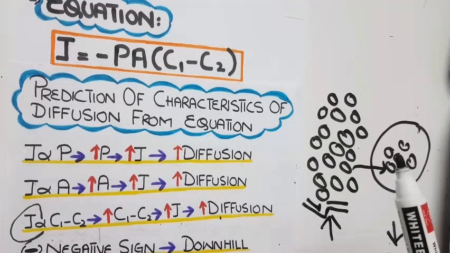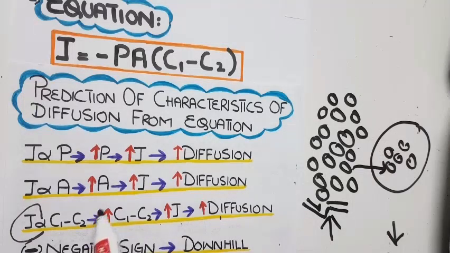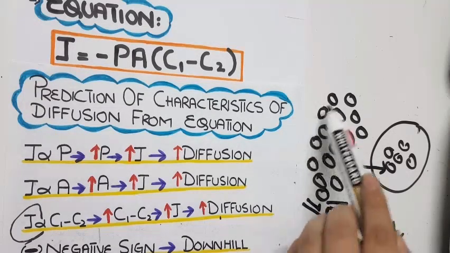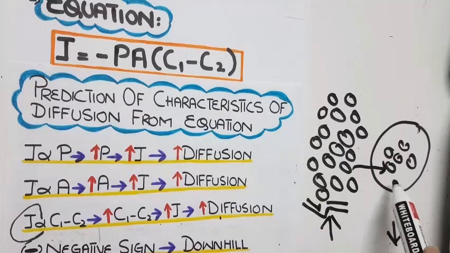So this means that greater the concentration difference, greater will be flux and so the diffusion. And this negative sign shows us that diffusion is downhill, which means down the concentration gradient, from high concentration to low concentration.